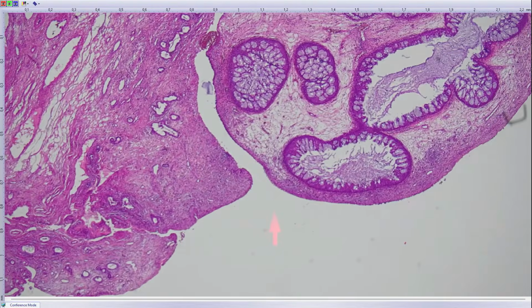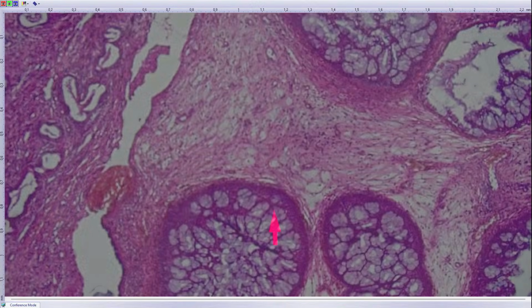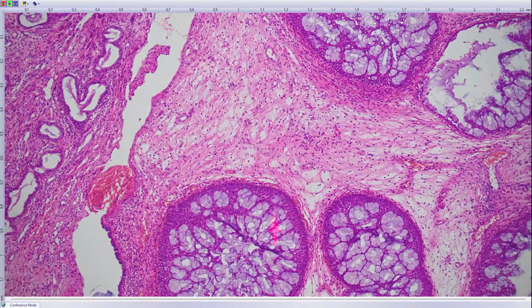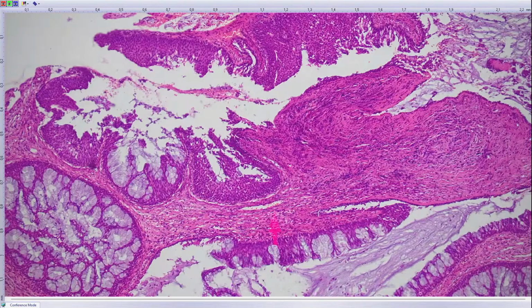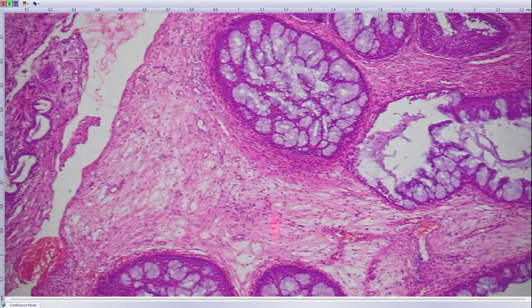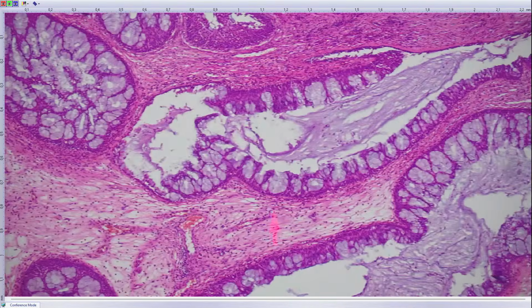But in addition, there are these islands of cells which have such mucinous differentiation, so that it looks like even adenoma or something like that.